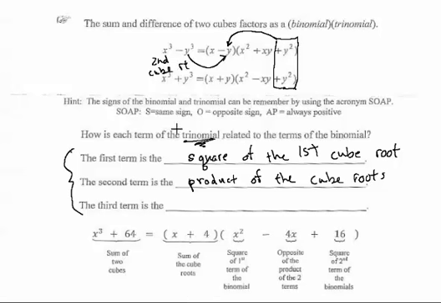So, square of the second cube root. Alright, and you have that written out down here as well.